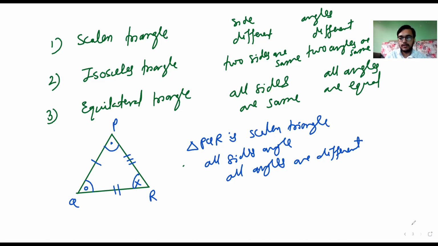Now, second type, consider this triangle XYZ. Here, sides XY and XZ are same. Right, these two sides are same, and these two angles are same.